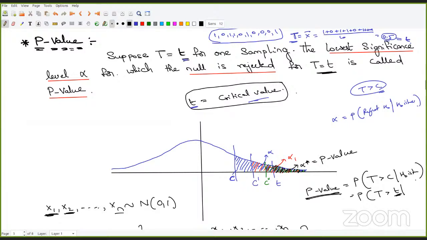If I get my p value as 0.03, I will still reject my null hypothesis, right? When I get p equal to 0.05, I will still reject, but the moment my p value becomes greater than alpha, I don't reject my null hypothesis. Correct? That is the reason for my confusion. I was saying that it is the maximum p value. No, that is the wrong way I was interpreting.